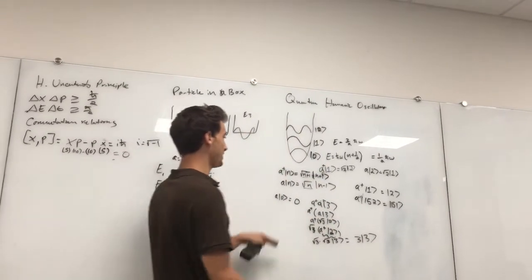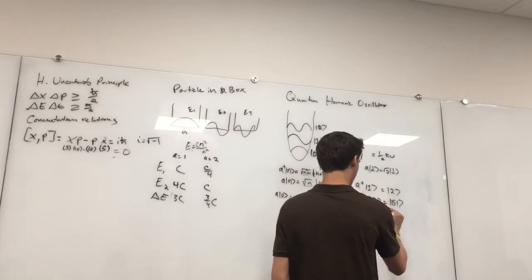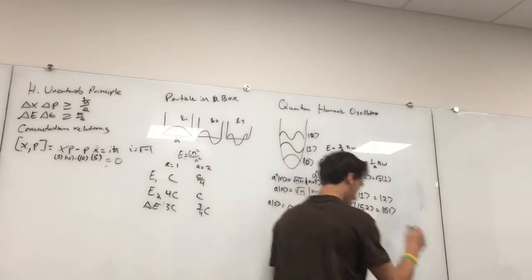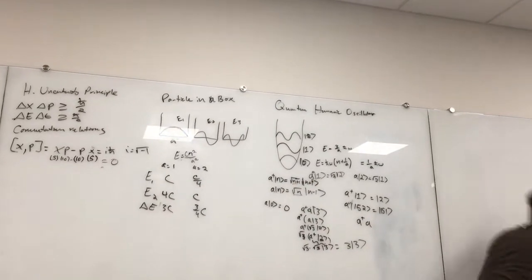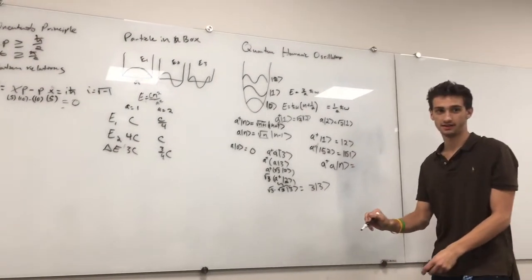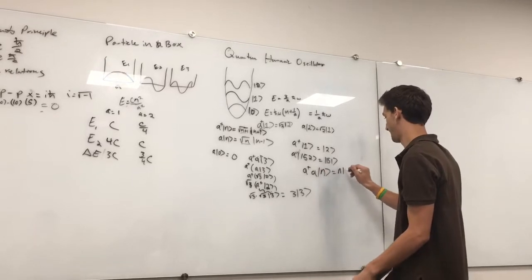A special property of these two operations being put together is that it takes a state and gives you the number of that state. So let's just say this is n.